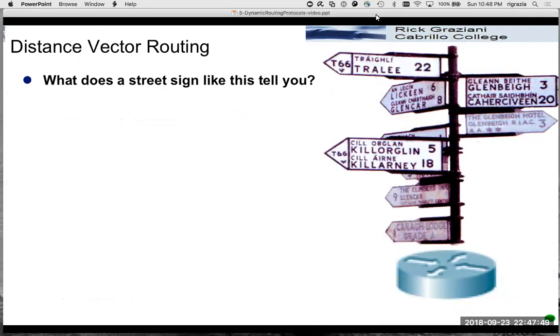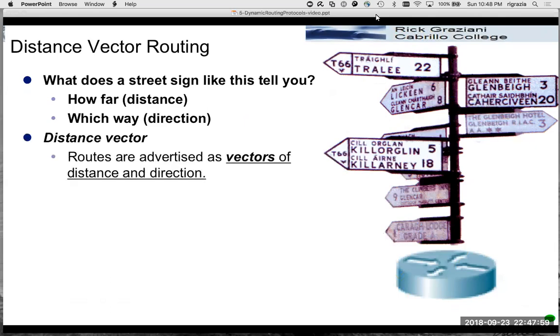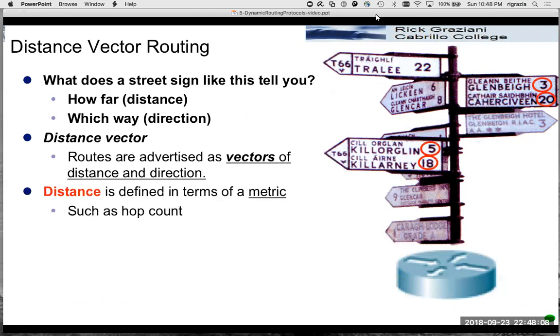Okay, we have distance vector routing protocols. So what does a street sign like this tell you? Okay, well, it tells you how far something is and which way to go. Okay, that's what distance vector routing protocols do. They advertise vectors of distance and direction. Distance in terms of some type of routing metric.